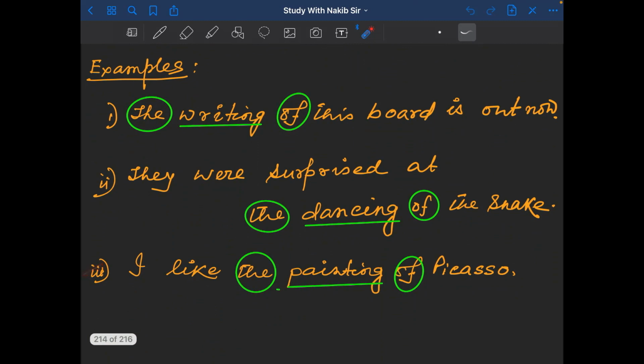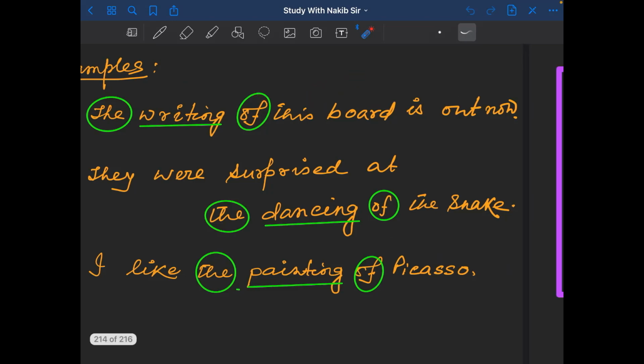Another example, I like the painting of Picasso. Painting, ing form, "the" and "of". So painting, dancing, writing, these are called verbal nouns as they are preceded by the definite article "the" and followed by the preposition "of". Okay.